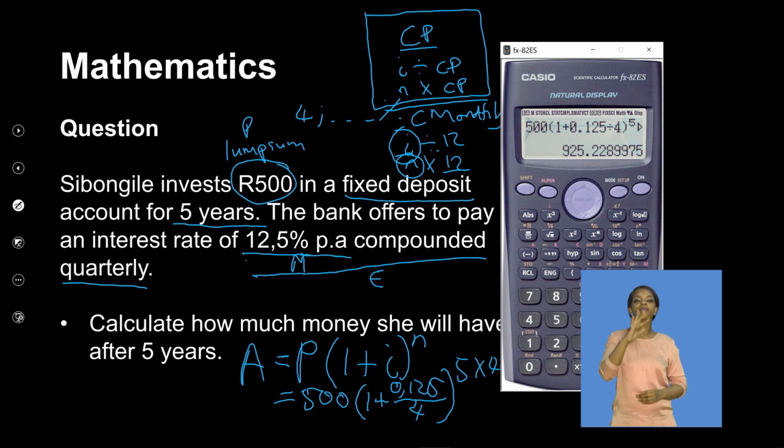So you can see that if maybe Sibongile was to leave this investment for roughly, let's say, 10 years, then it might be quite a larger amount as opposed to what this is. So maybe let's look at what it is that I mean there. If maybe they left this for, let's say, 10 years, you see, now it's 1,700, right? It actually is slightly less than double that.